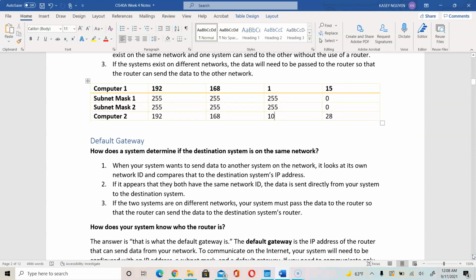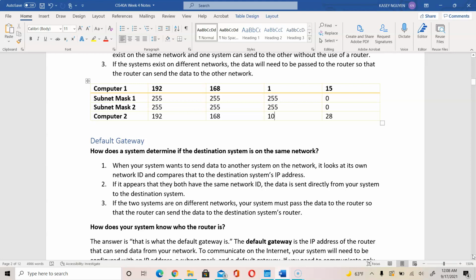The default gateway, which we often refer to as a router, is a system that's going to help determine the destination of the receiving system, whether it's on the same network or not. Now, this system must then pass the data to the router. Sometimes it is itself a router, so that way it would send the data to the system that is not on the same network.